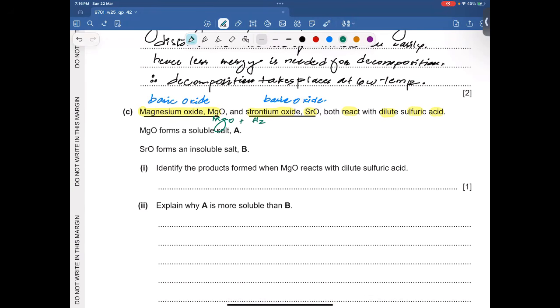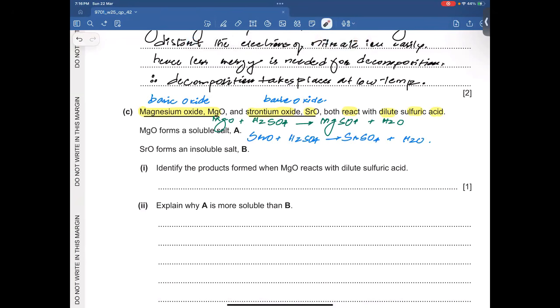When it is treated with sulfuric acid, it will turn to magnesium sulfate and water. Similarly, when strontium oxide is treated with sulfuric acid, it will turn to strontium sulfate and water.